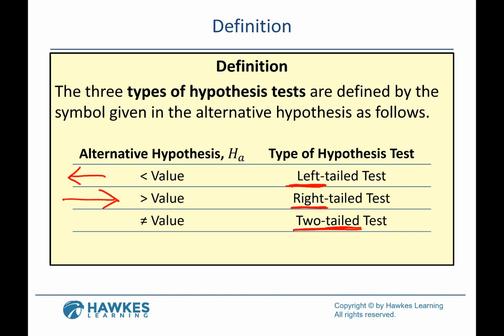The next thing we need is a way to calculate that thing that we were calling a test statistic. And in order to get there, we need to know which distribution we're using. So in this situation, let's back all the way up.